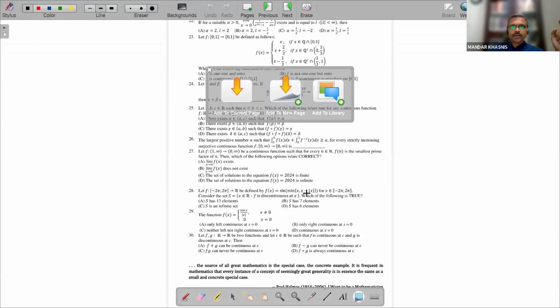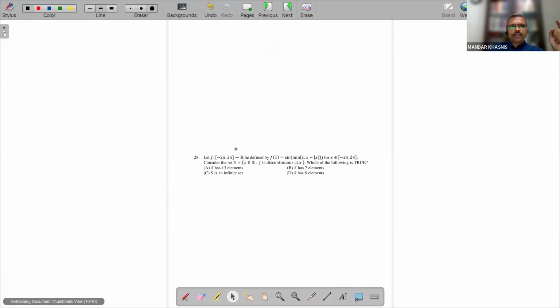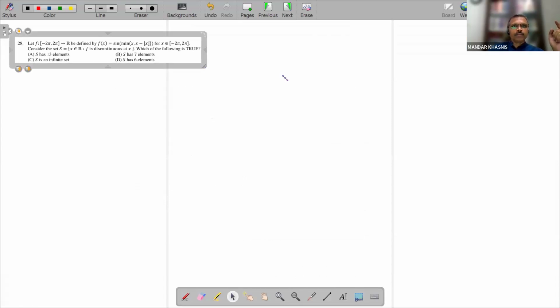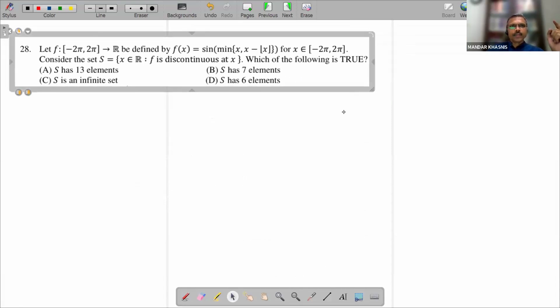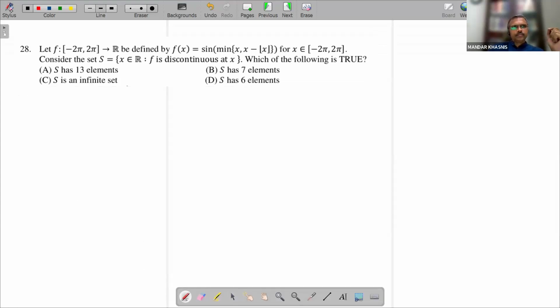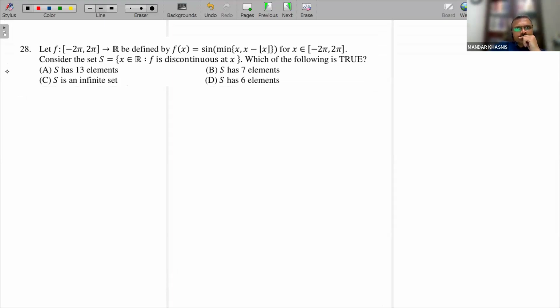Same treatment. We have to give a little care to this question. Just try to draw the graph. Now everybody should be able to get the correct answer.